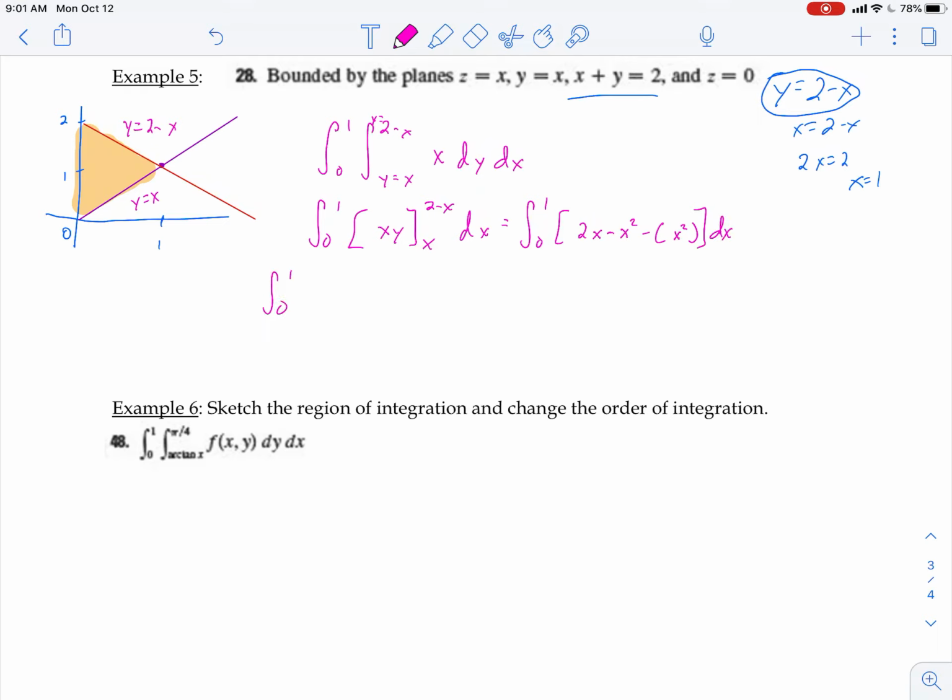So we're going to have the integral of 0 to 1, 2x minus 2x squared dx. Integrate that, we get x squared minus 2/3 x cubed, 0 to 1. Looks like we're going to get 1 minus 2/3. It's just going to give us 1/3.